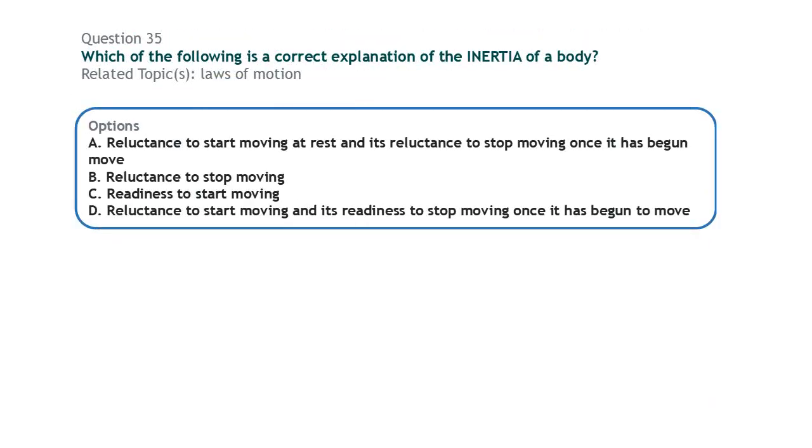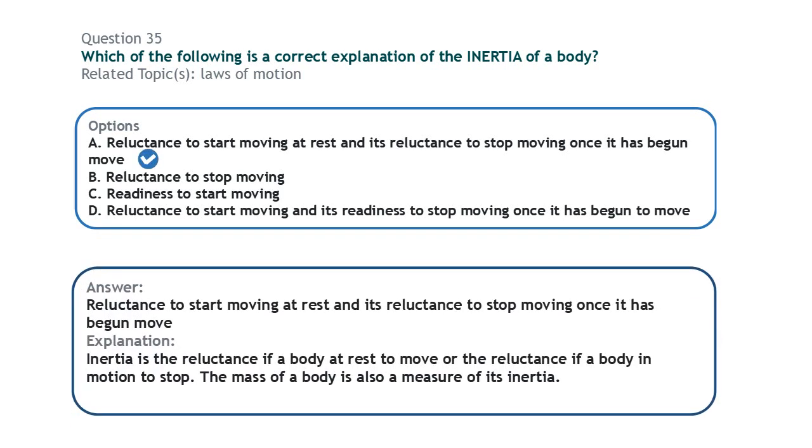Which of the following is a correct explanation for the inertia of a body? That is A. A defines inertia. It is the reluctance of a body at rest to start moving, or the reluctance of a body in motion to stop after it has begun to move.